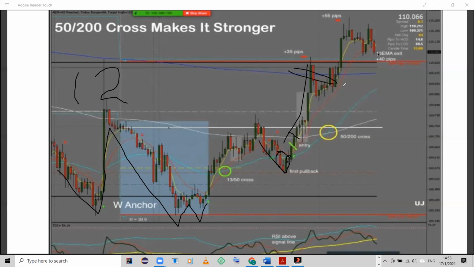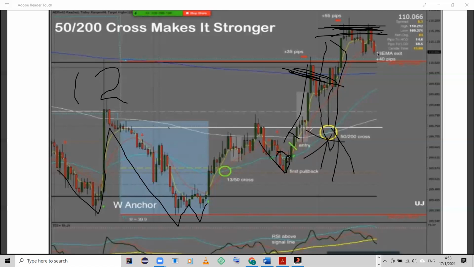Our exit may be somewhere here at the 200. For those who decide to hold a bit longer, they'll exit here with 55 pips. This whole move was a 55 pip move, and it was made stronger at this point by this cross.